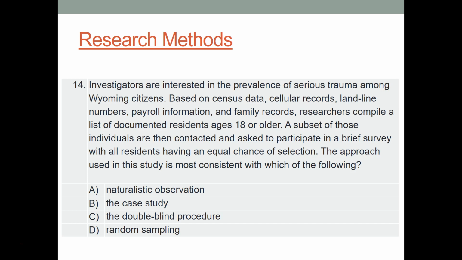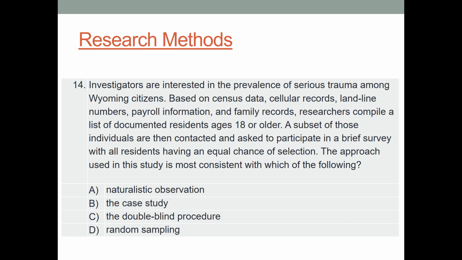And then what we're doing is we're going through and we want to contact a subset of these individuals where everybody in our population has an equal chance of selection. So going down and taking a look at our choices, naturalistic observation. Well, I know that naturalistic observation is just kind of like people watching, right?